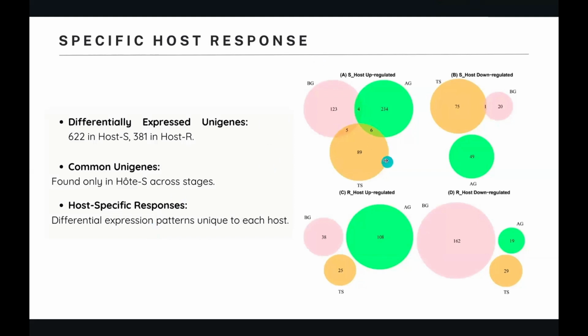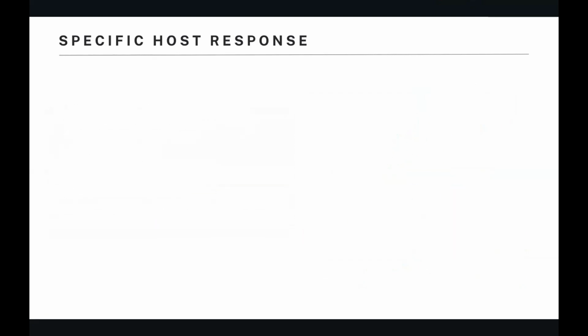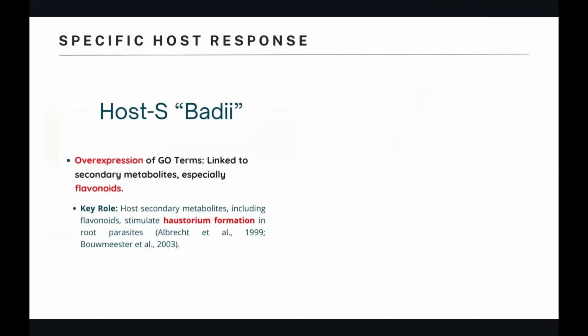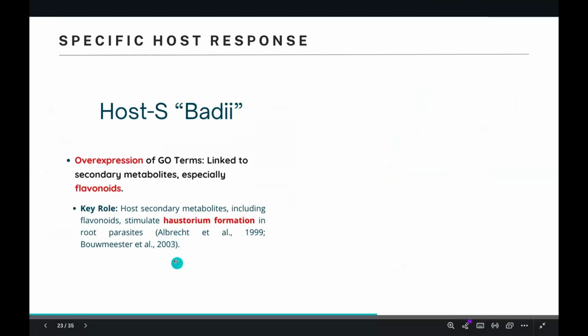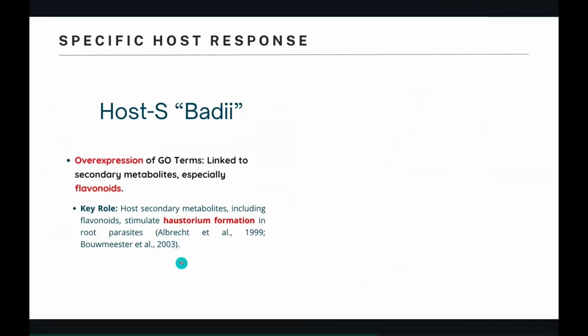So to further understand the role of these differentially expressed genes, we conducted a gene ontology analysis. In the susceptible variety Vicia, we observed an overexpression of gene ontology terms linked to secondary metabolites, particularly flavonoids, which are known to stimulate haustorium formation in root parasites.